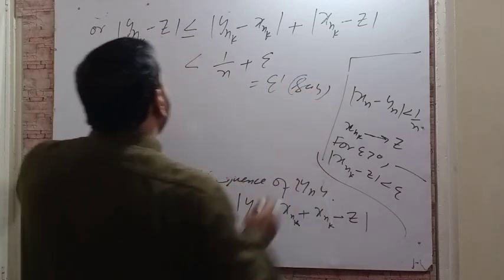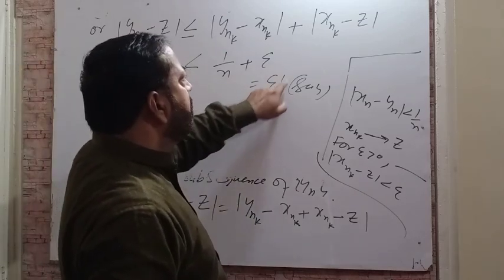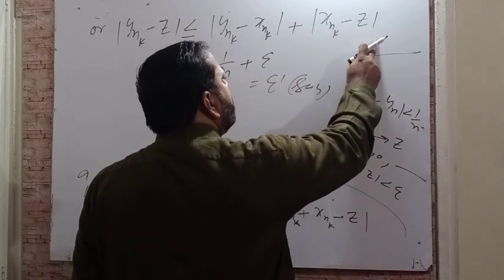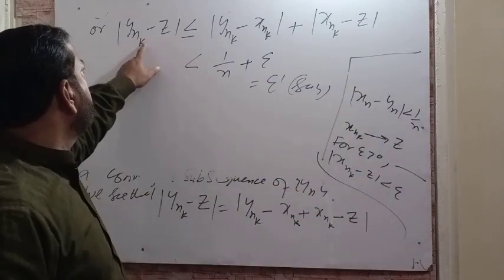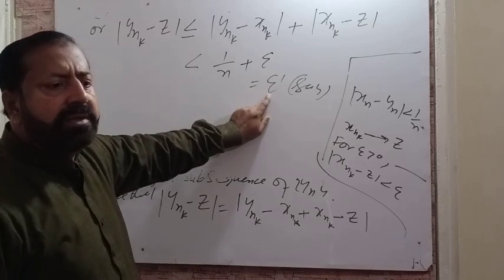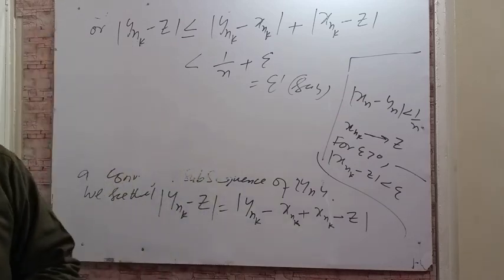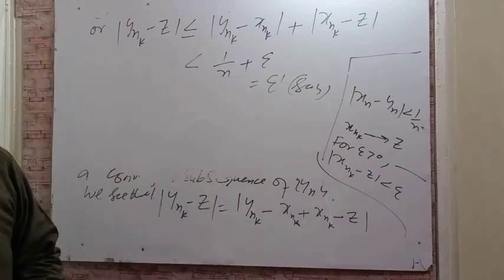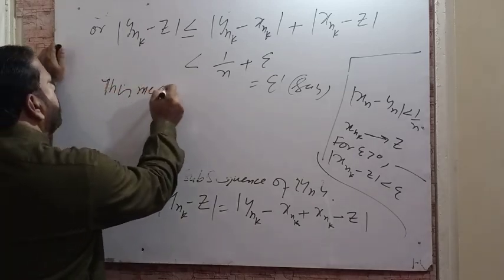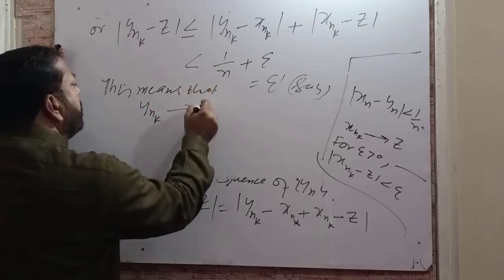What does it mean? ynk is also less than epsilon dash for the same natural number, where nk is greater than or equal to n star, by using the definition of convergence of a sequence. Hence this means that ynk is also converging to z.